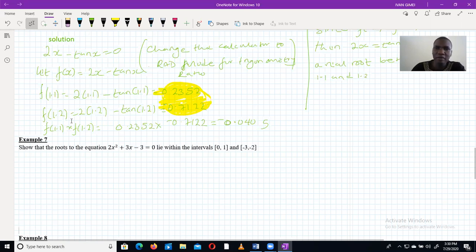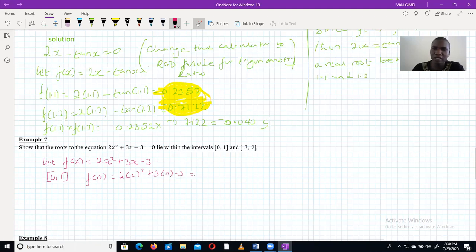So here I'll simply say, let my f of x be equivalent to 2x squared plus 3x minus 3, something like that. So after letting it, of course, let's start with 0, 1. What is f of 0? f of 0 will be 2 into 0 squared plus 3 into 0 minus 3, which gives me negative 3.